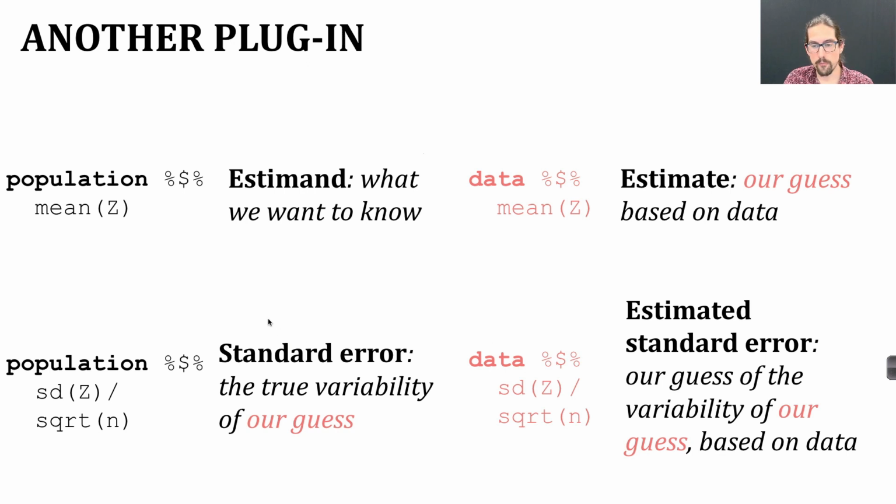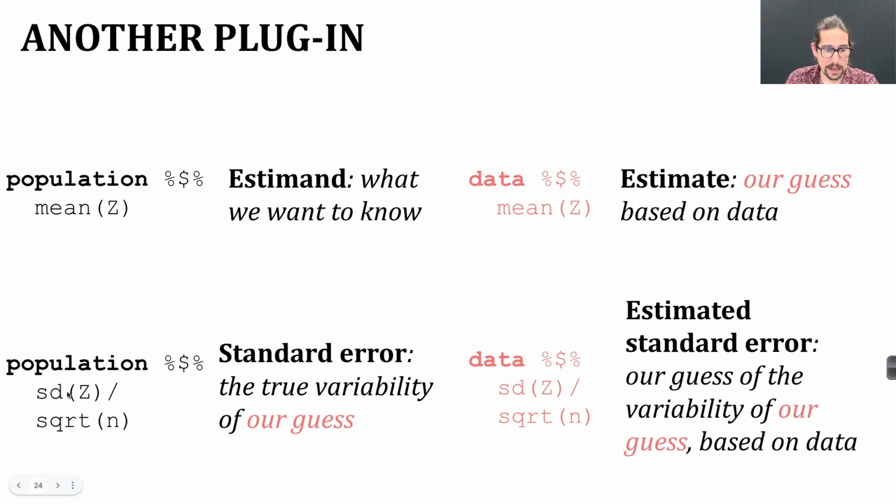And the standard error, the variability of this guess across different data sets, is given exactly by, in this case, the standard deviation of z in the population divided by the square root of n, where n is how many samples, how many rows are in this data set.